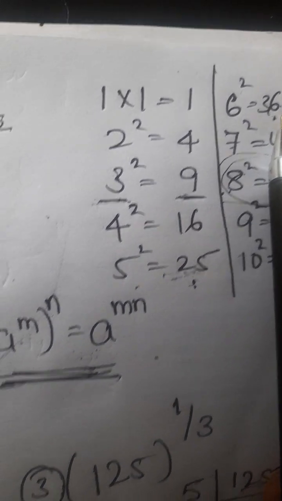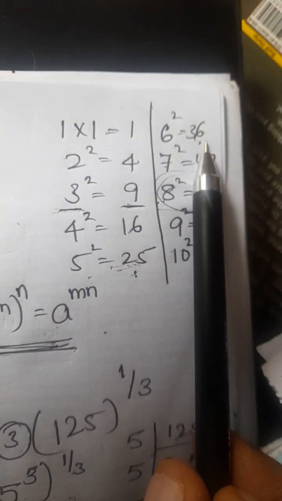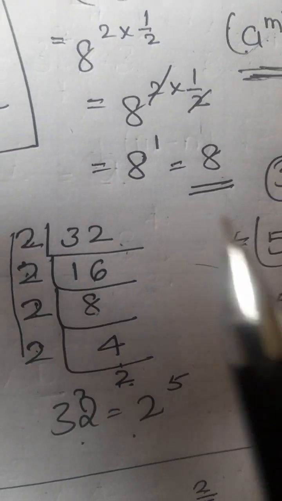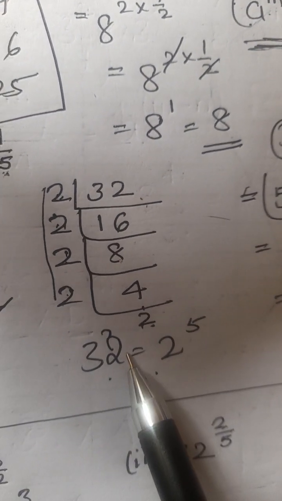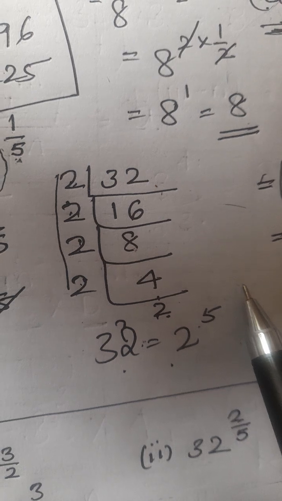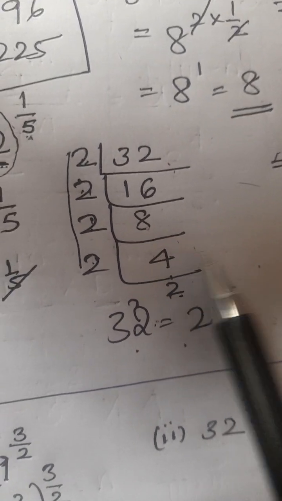So you will try to find the factors of 32. By factorization method, you come to know that 32 can be written as 2 to the power 5, which you have studied earlier.